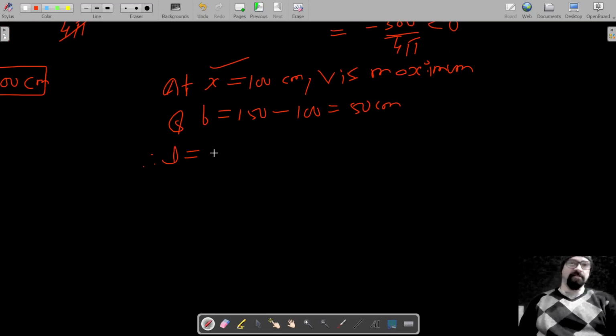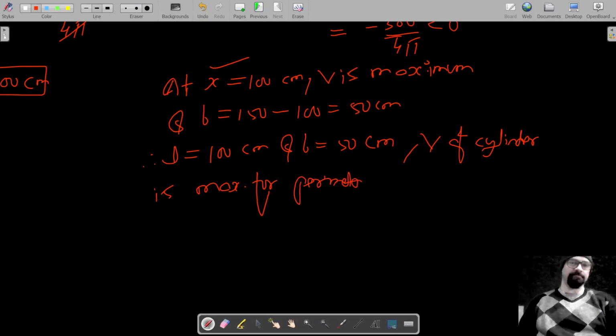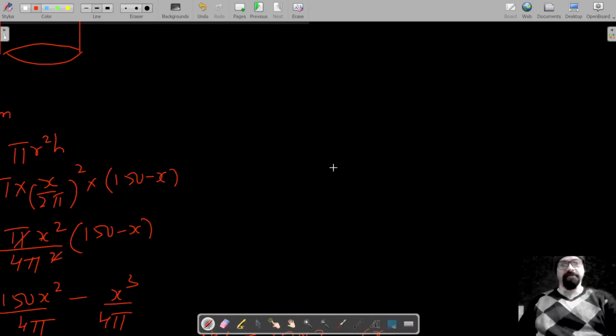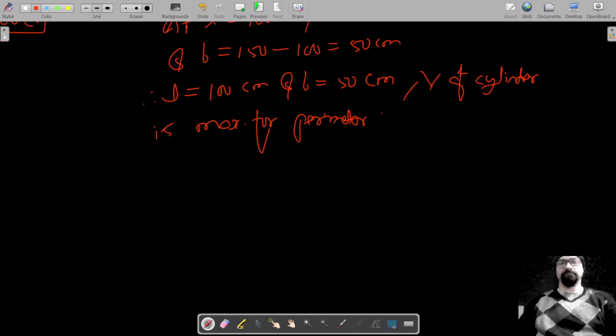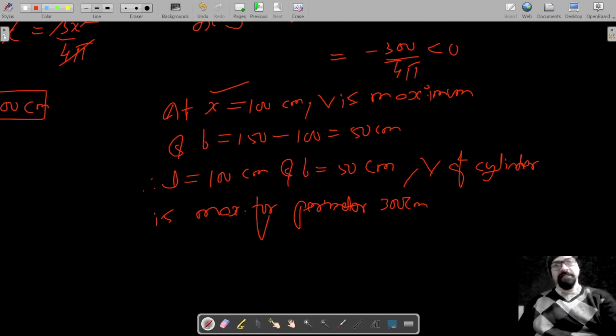So for length equal to 100 centimeter and breadth equal to 50 centimeter, the volume of the cylinder is maximum for the given parameter, which was 300 centimeter. So these are our values of the length and the breadth.